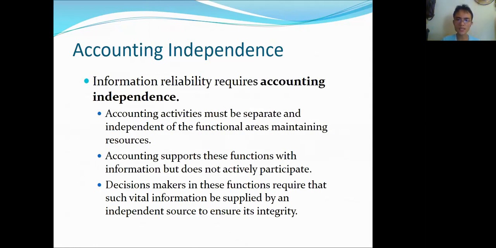Now, in accounting independence, this means that accounting is really a discipline that should be separate and independent of the other functional areas. Otherwise, it will be easy to commit fraudulent transactions. This is also for the protection of the company's resources because in accounting, this is where the end part of the ARA, authority, responsibility, accountability comes in.